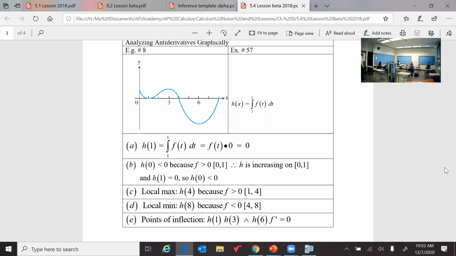What does that mean about the parent graph? If the derivative is positive, what's the parent graph doing? It's increasing. So it's increasing between 0 and 1 to get to 0. So it must have been negative.